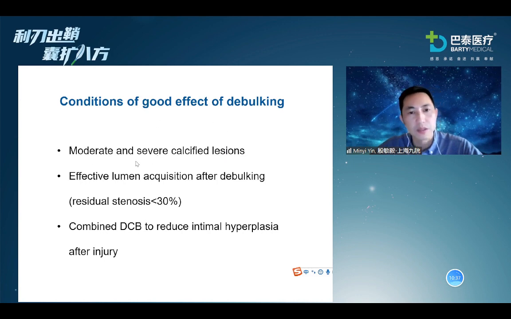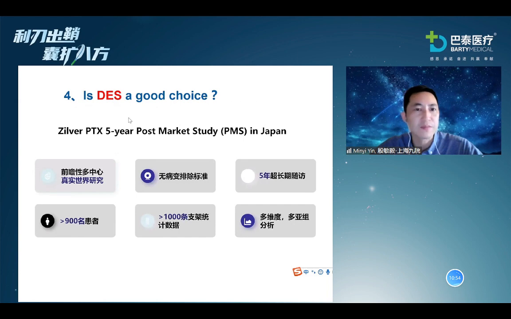So for debulking devices, how can we have very good results for moderate and severe calcified lesions? We can use debulking, and also residual stenosis should be less than 30%. Personally, I think I will use it in combination with DCB in order to reduce the intimal hyperplasia.